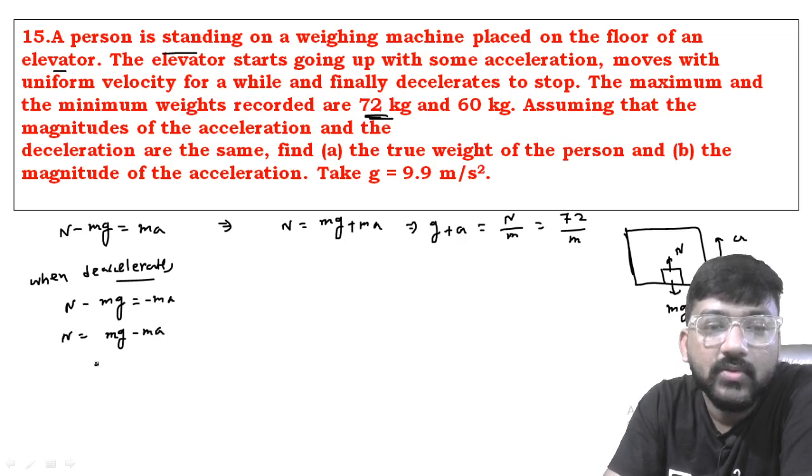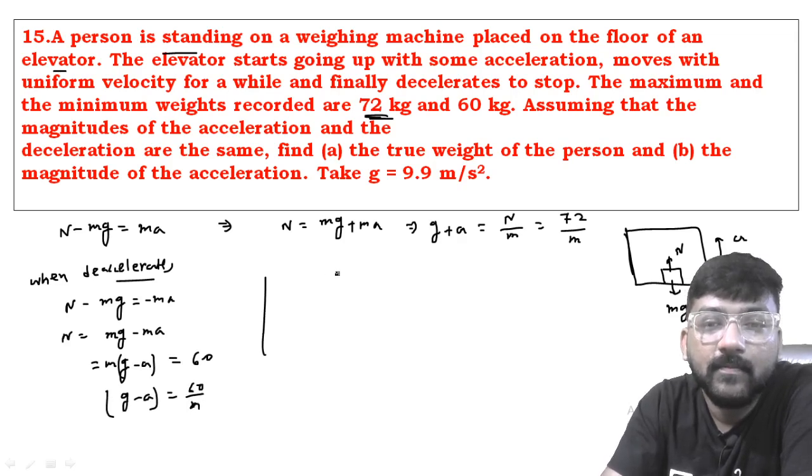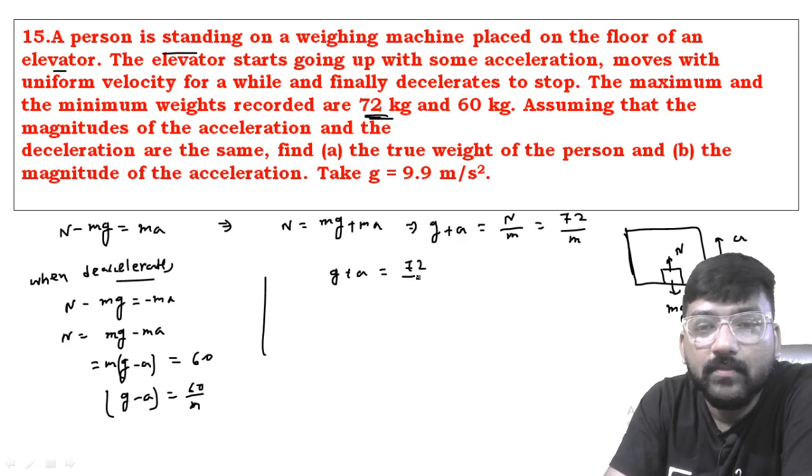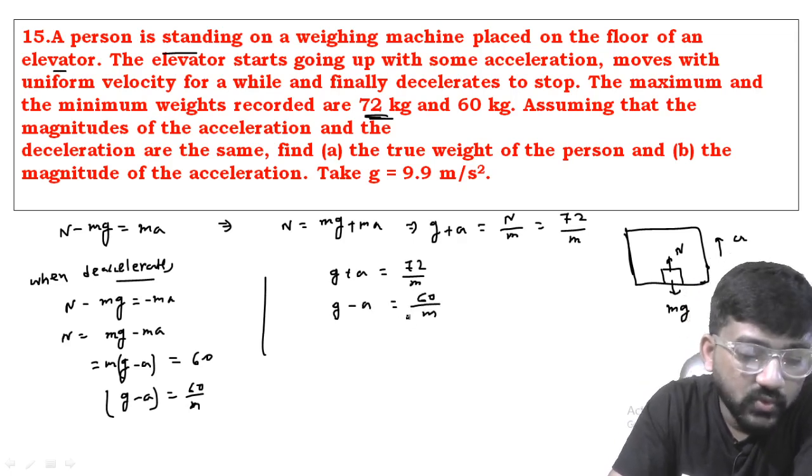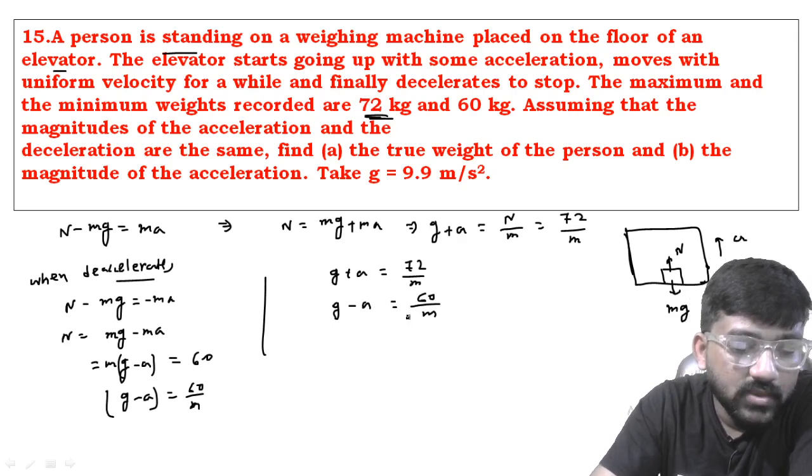That means m into g minus a, and that will be minimum. That means that will be just 60. So g minus a will be 60 upon m. So you have two equations: one is g plus a equal to 72 by m, and another is g minus a equal to 60 by m. Now you have to solve these two equations.